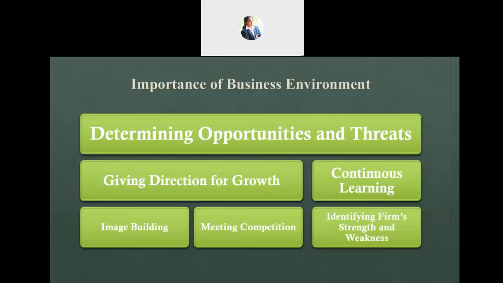What are the steps that you can take? And not only about something outside, you can also know what the strengths of your organization are, which you can develop further and become the market leader. And also you can understand the weaknesses of your organization and you can overcome them.